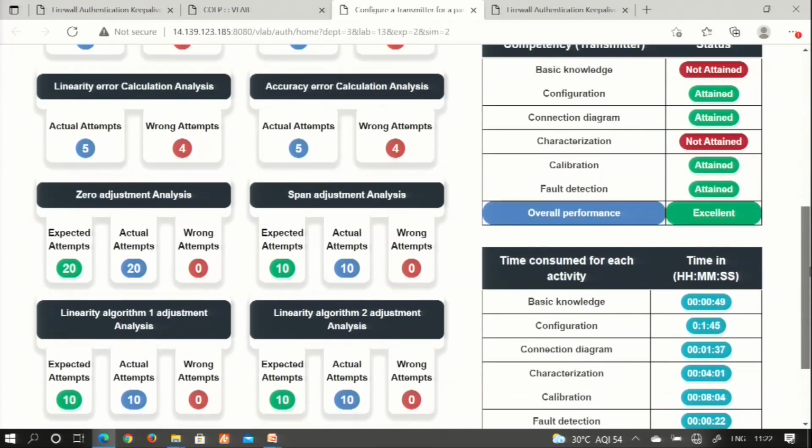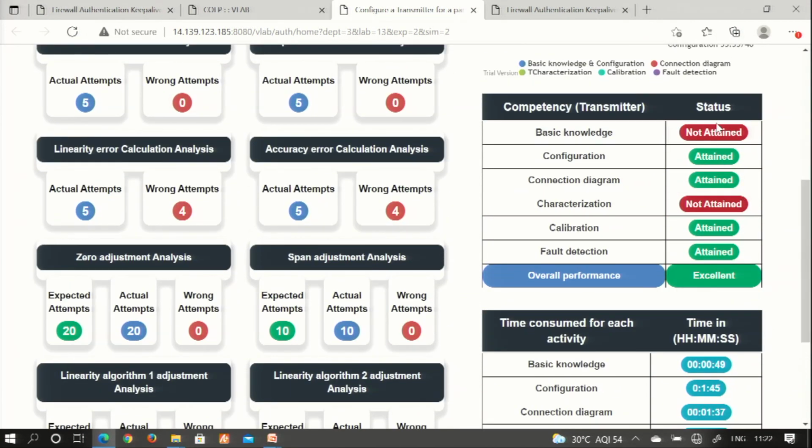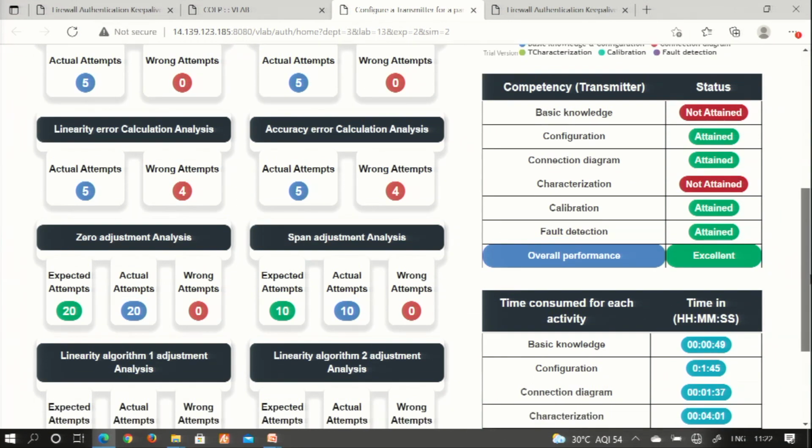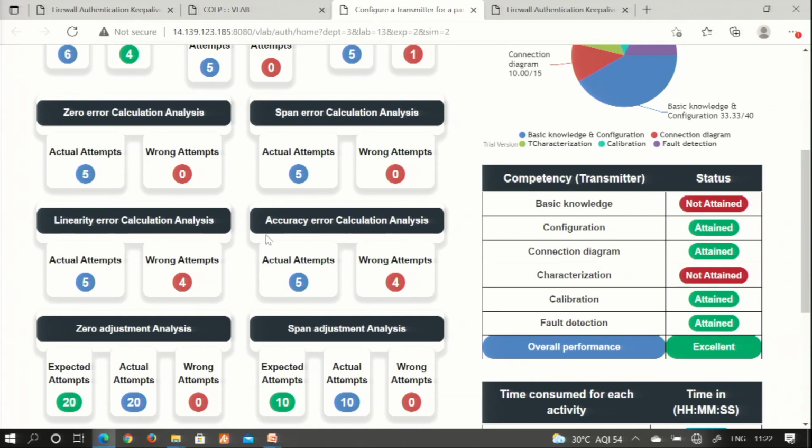Naturally, a teacher can ask the student that these are the areas where you have to focus. Even if you have attained a certain level of mastery in calibration, characterization and connection diagram, still there are 4 wrong attempts. That means the accuracy error calculation you have not understood properly.